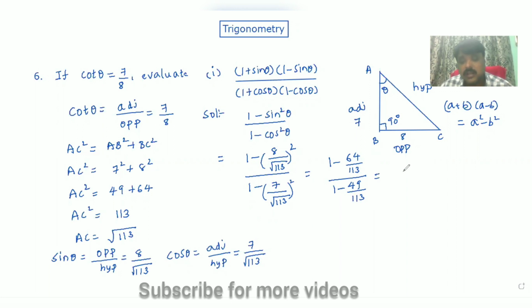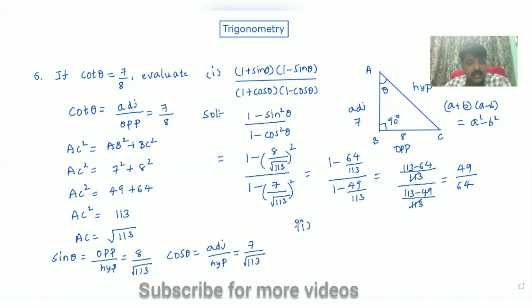We get the LCM in the numerator as 113, so 113 minus 64 by the LCM in the denominator, it is also 113, 113 minus 49. Both the denominators get cancelled. 113 minus 64 is 49, by 113 minus 49, it is 64. This is the first one.